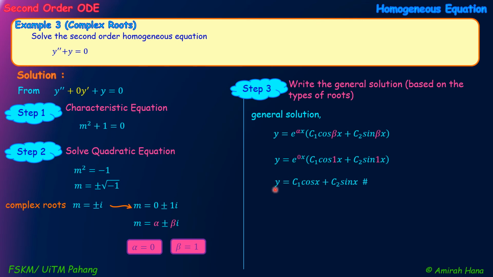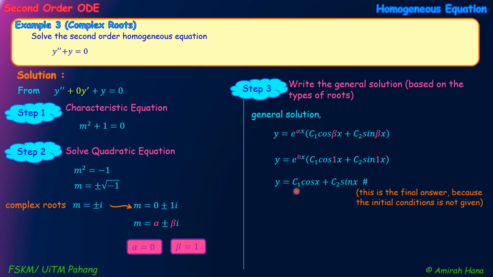So we have y equals to c1 cos x plus c2 sin x. Then we double check. The initial condition is not given here, so this is the final answer.